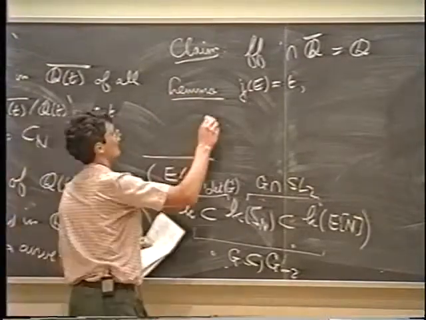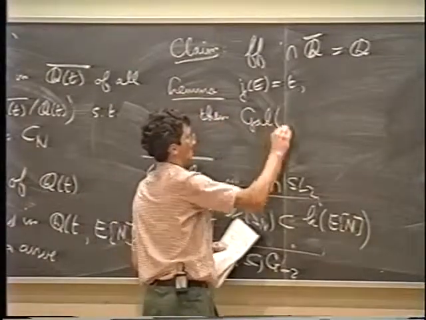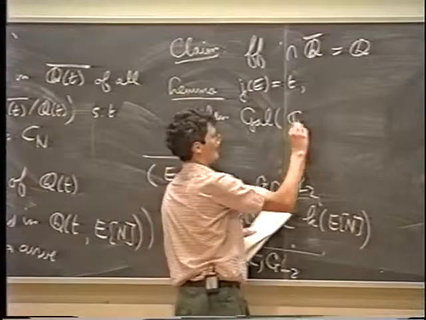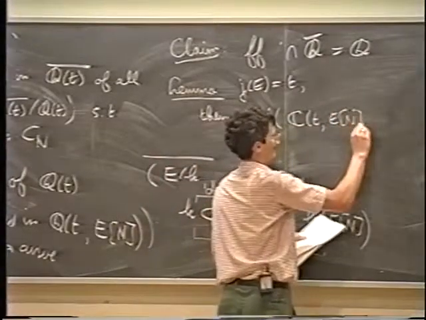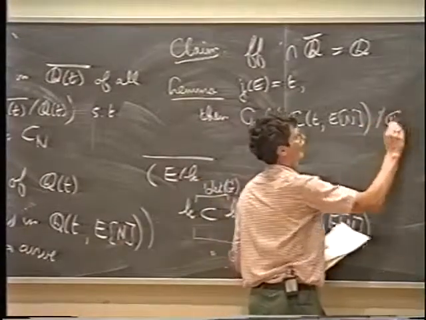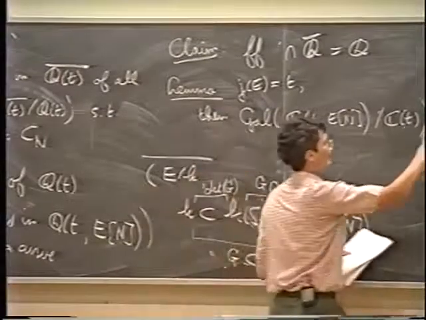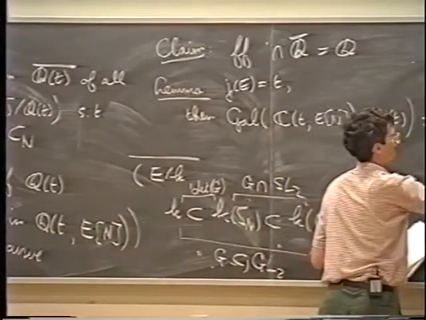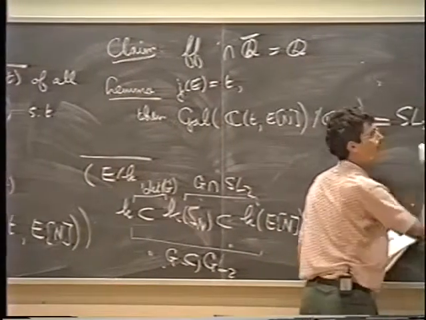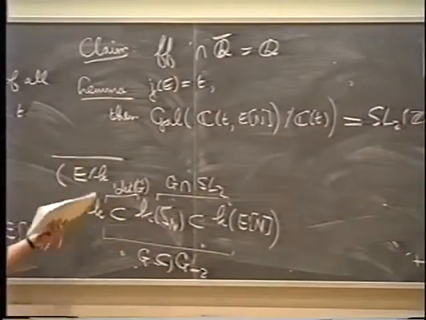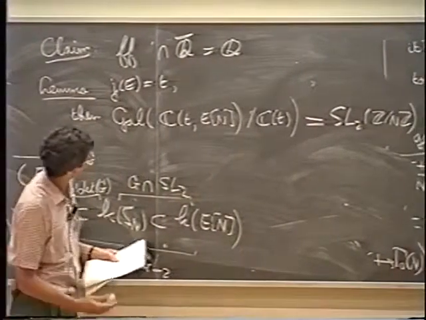I look at the extension, well, I'll describe the Galois group of this, which I just tried to explain is a subgroup of SL2, but actually it's all of SL2. This extension is as large as it possibly can be. And well, there are two ways of proving this.